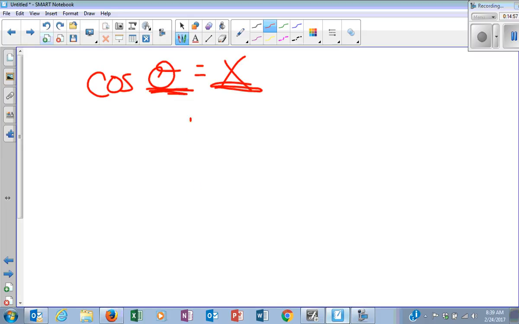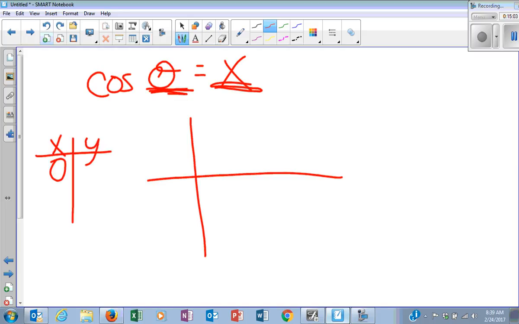So actually, where does cosine start? It would be 0 radians. What would be my output? 1. So cosine starts up here, and it would still be a wave, but it looks like that.